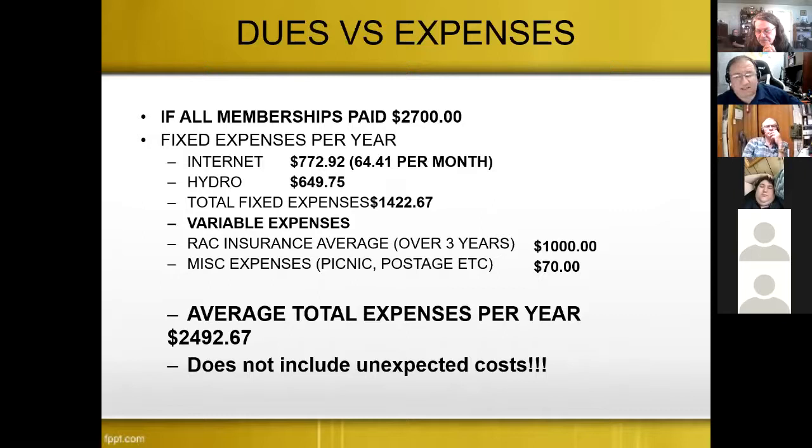We are not looking at increasing your membership, just to continue it. And hopefully your $40 single or $60 investment into the club is worth it, because this is what goes to you. And just to remind you, if you are a member of our club, you are insured for $5 million liability under the RAC insurance policy.